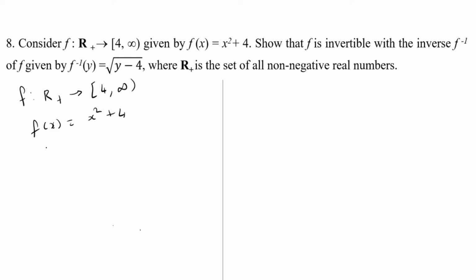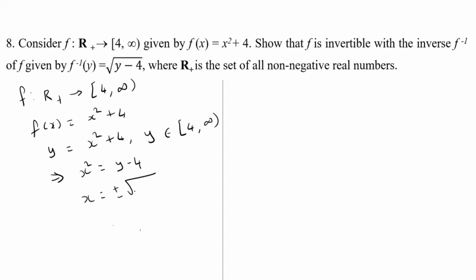So from this we have y = x² + 4, where y belongs to [4, ∞). So from this we can find x. So x² = y − 4, or x = ±√(y − 4).